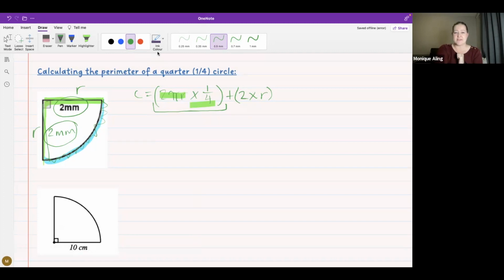Okay, so looking at this formula, can I ask you to try this first question for me, please?